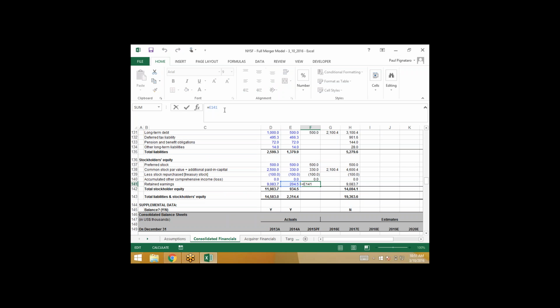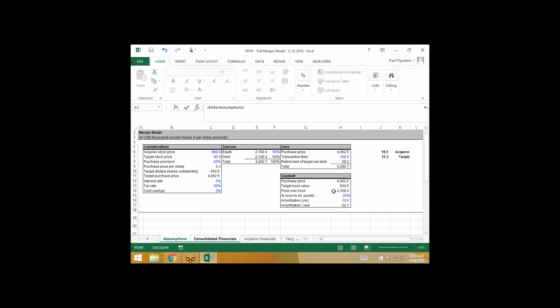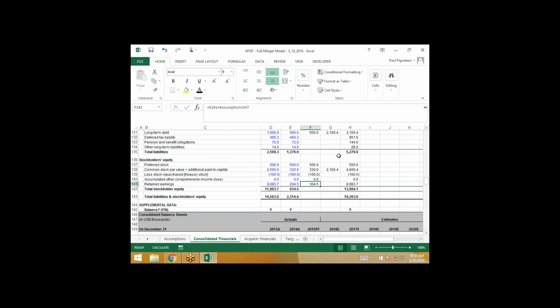So already cell F141 equals E141 plus, on top of that, we want to make an additional reduction where our fees of the 100. Once we do, we should balance. We've properly handled every balance sheet adjustment. Save.